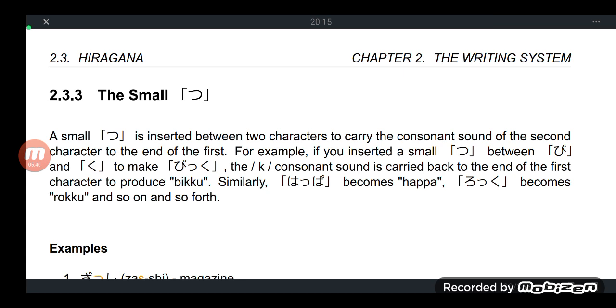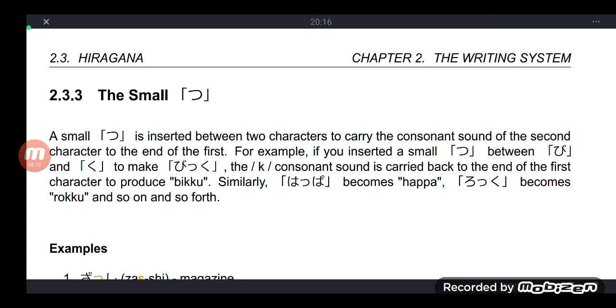there's a clipping sound, but for me, the easiest way to understand it is that the clipping sound is a stress sound, just like in the word surprise, which is bikkuri. You place a small tsu in between the bi and ku, making the k in that ku doubled.